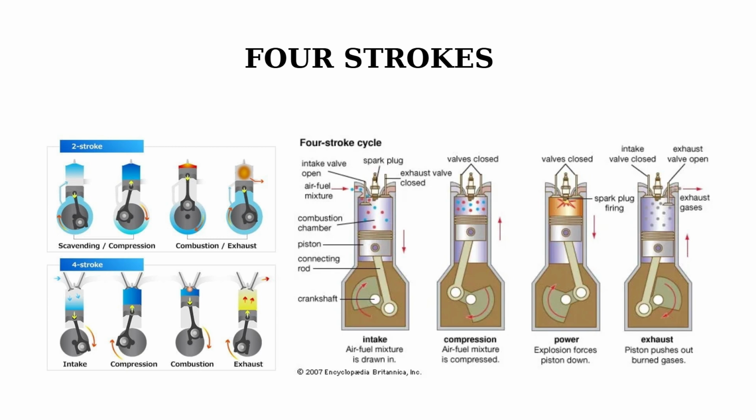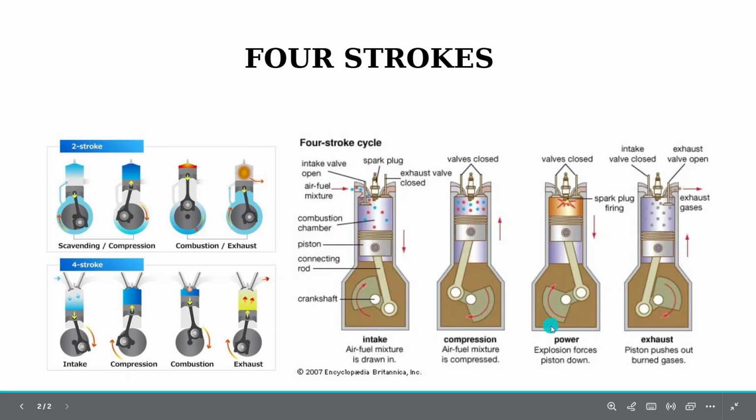A four-stroke engine works by repeating a continuous cycle. This cycle is the process that allows the engine to produce motion and power. The reason it is called a four-stroke engine is because the full working cycle is made up of four main stages. You can see in here. By the way, we have two-stroke engines, but I will talk about the four-stroke engine.